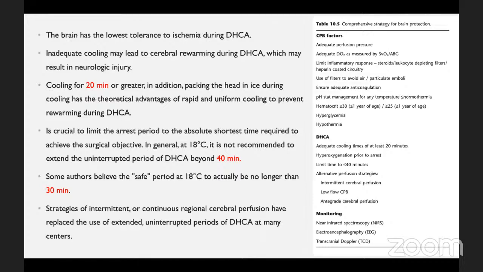In general, at 18 degrees Celsius, it is not recommended to extend the interrupted period beyond 40 minutes. And some authors believe the safest period for deep hypothermic circulatory arrest is no longer than 30 minutes. Strategies of intermittent or continuous regional cerebral perfusion have replaced the use of extended or uninterrupted DHCA at many centers.